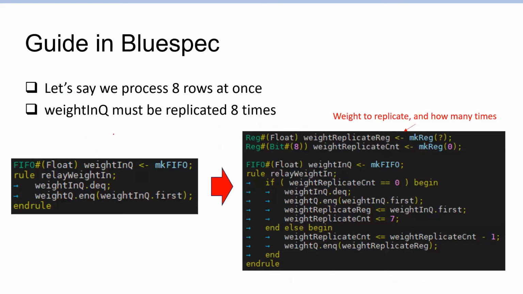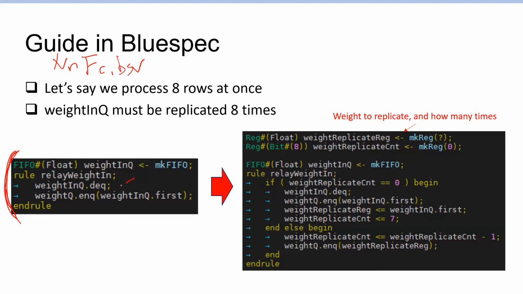So let's look at how we can do something like this in Bluespec. Say we process 8 rows at once. The previous example showed 3 rows at once, but let's say we process 8 rows at once. So this is inside NNFC. Somewhere in the code inside the Mac PE implementation, you will see this.